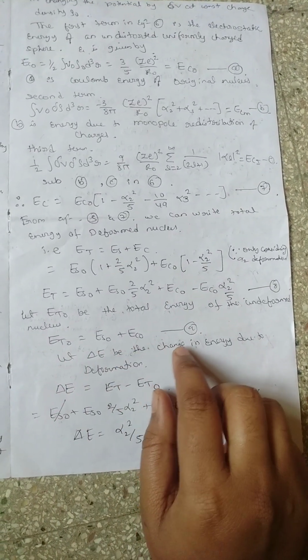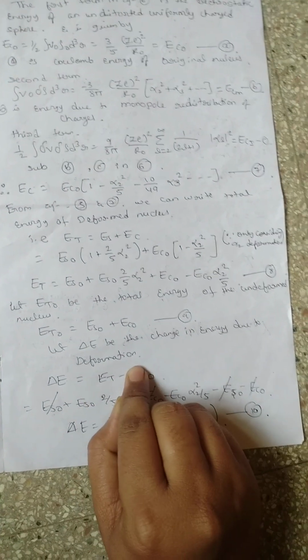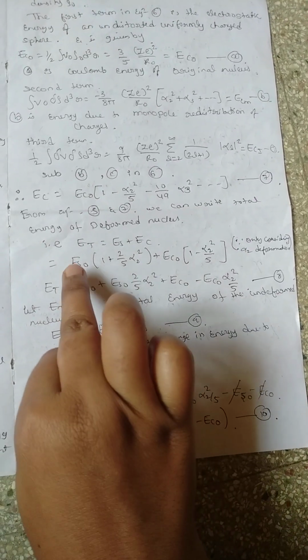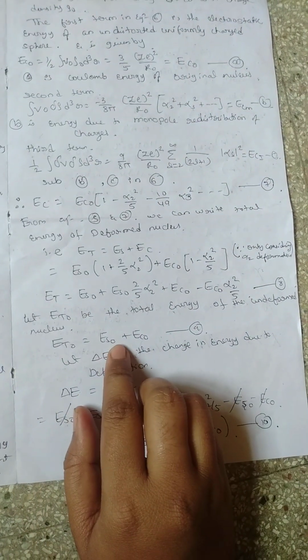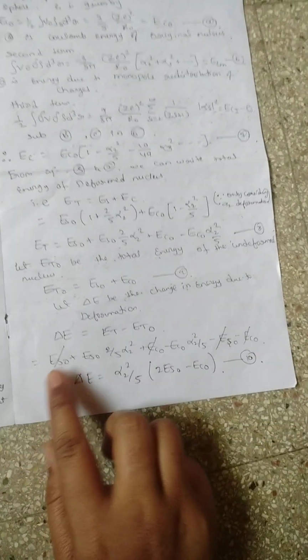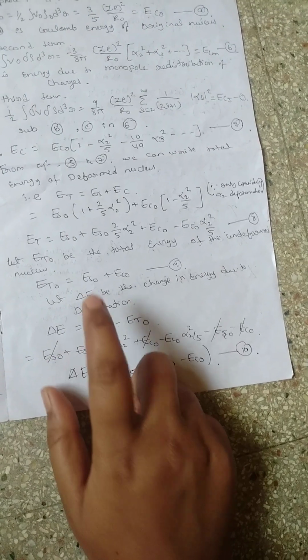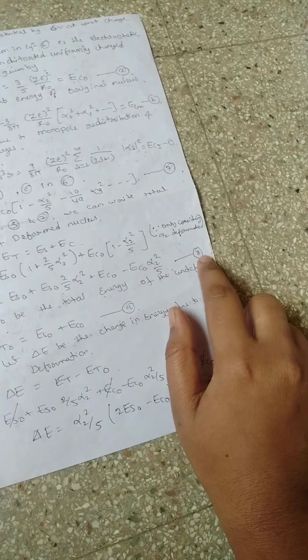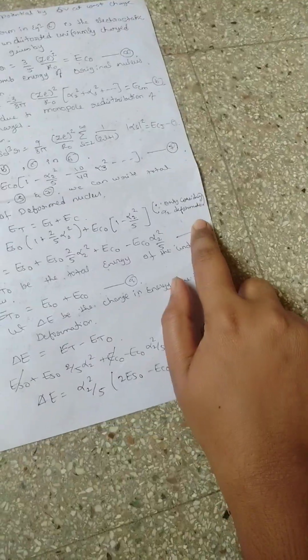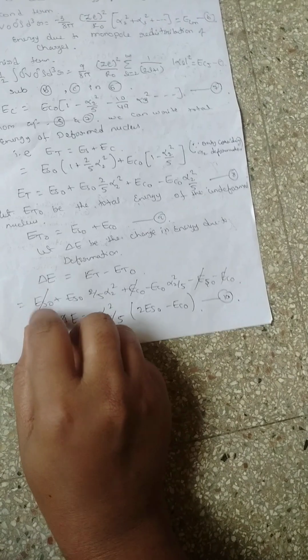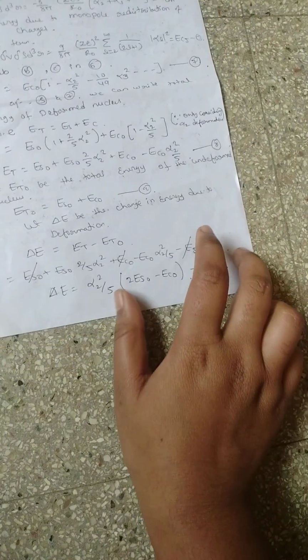Let delta E be the change in the energy due to the deformation. Then delta E, the change in energy, is the changed energy minus the original energy, that is Et minus E of T naught. Put the values: Et is in equation number 8 and E of T naught in equation number 9. Substitute those two and cancel the terms which are opposite.